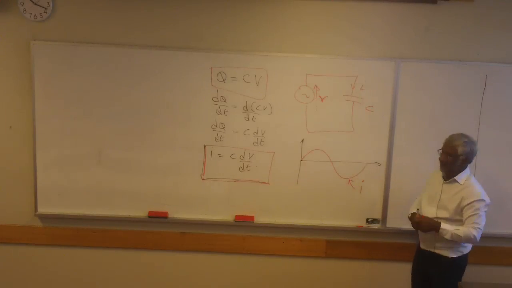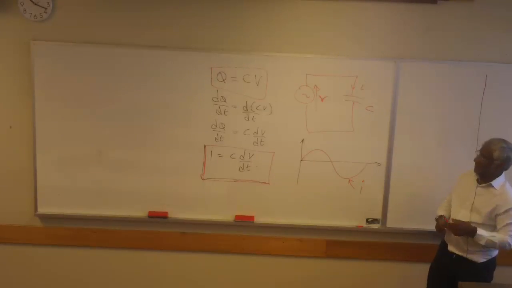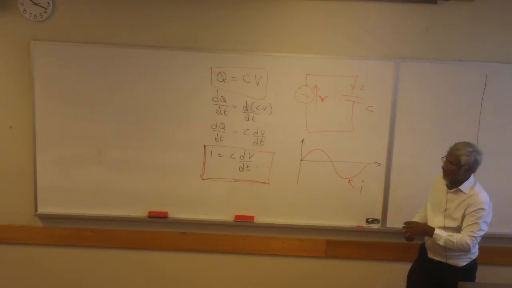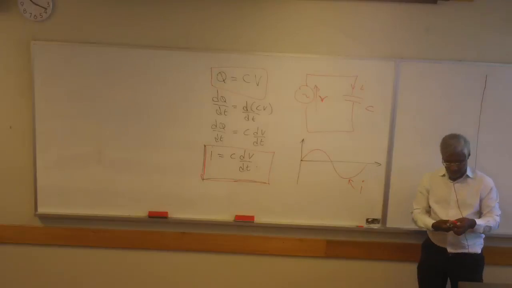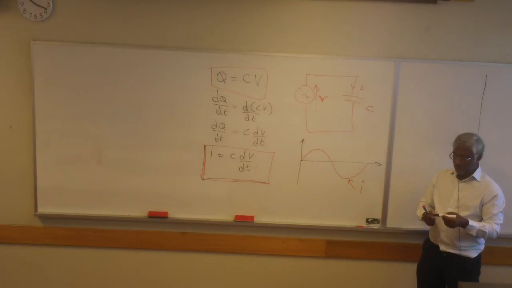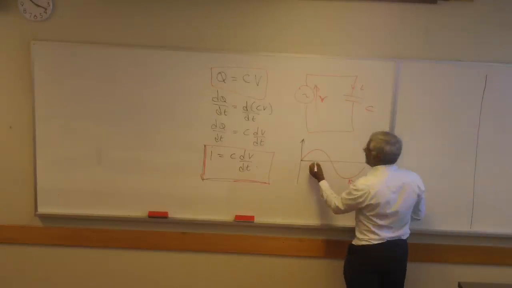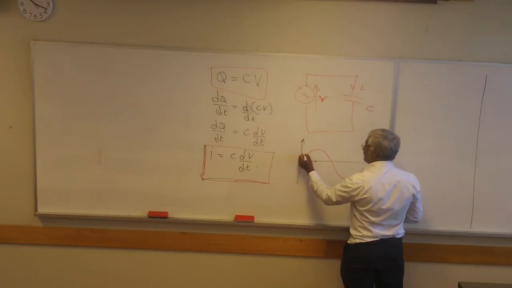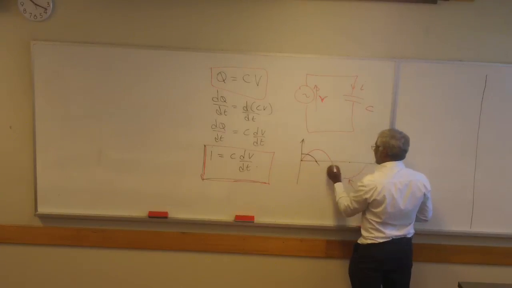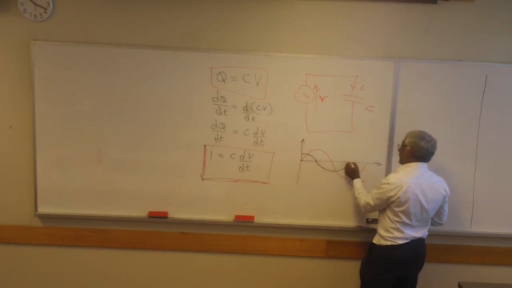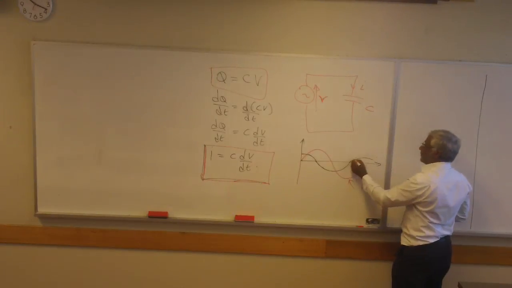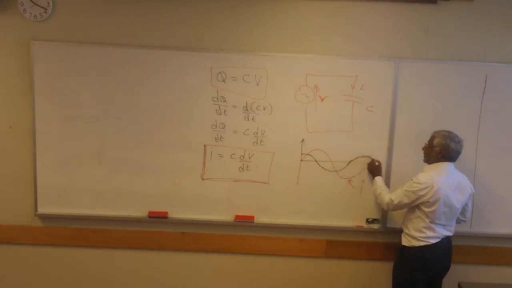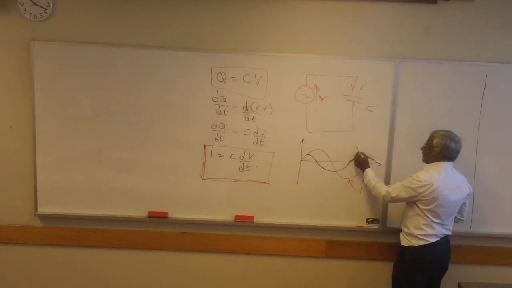most of us know that if the current is a sine wave, the voltage will be a cosine wave, and I'll talk about this very soon. So that's the voltage there. Voltage is a cosine wave.